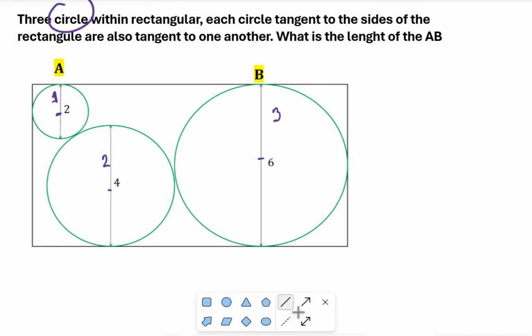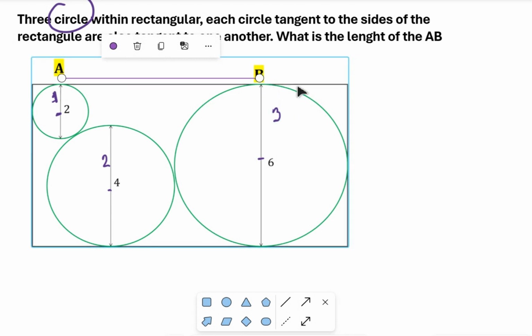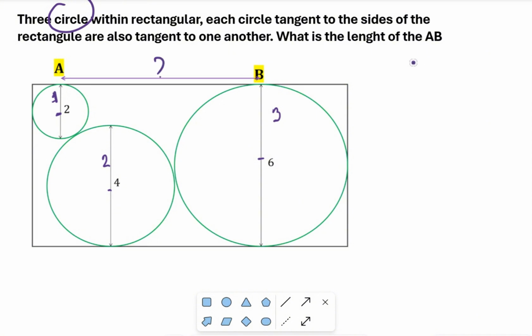Our main goal is to determine the length of this, A up to B. It means the larger circle's tangent point within the rectangle and this smaller one; this length AB we have to determine. The value of AB is our target actually.